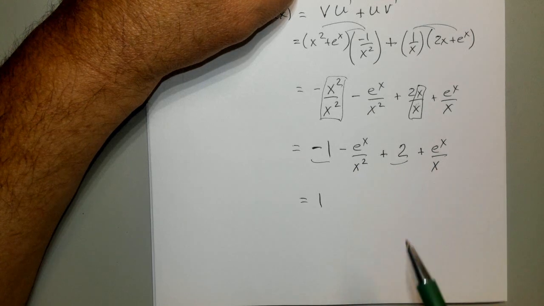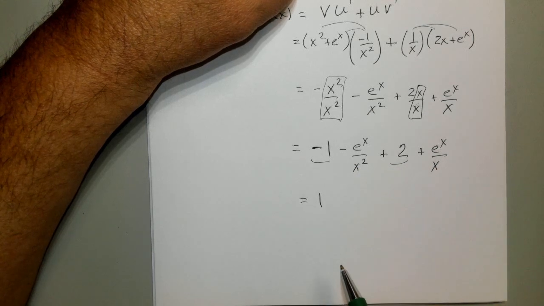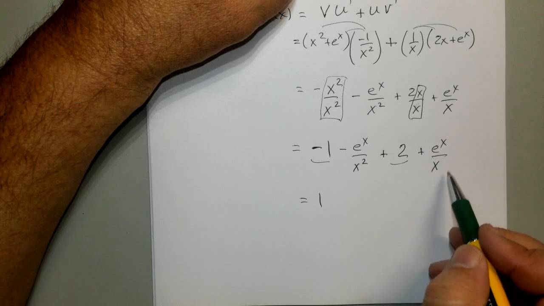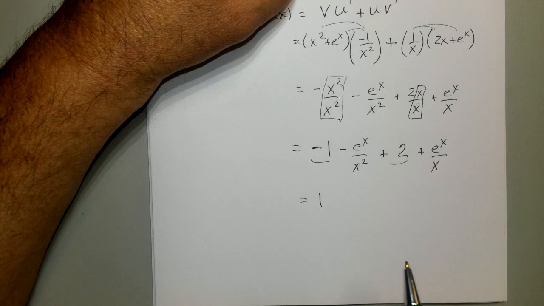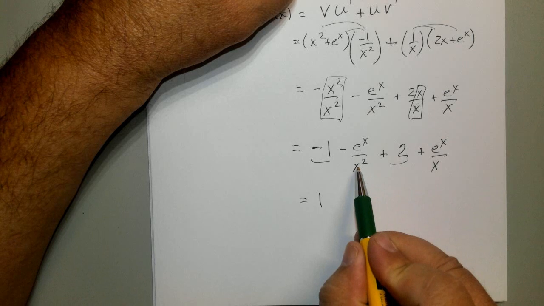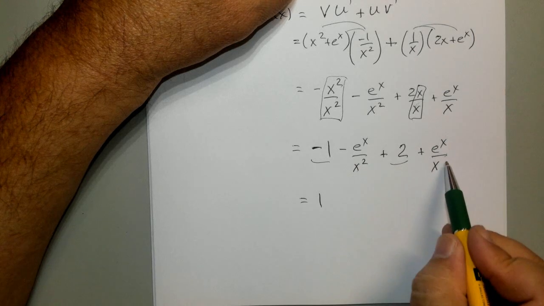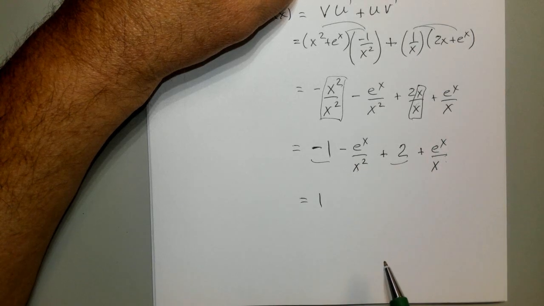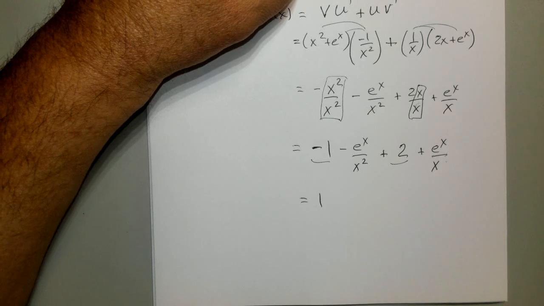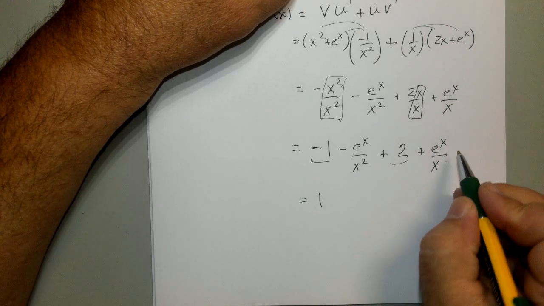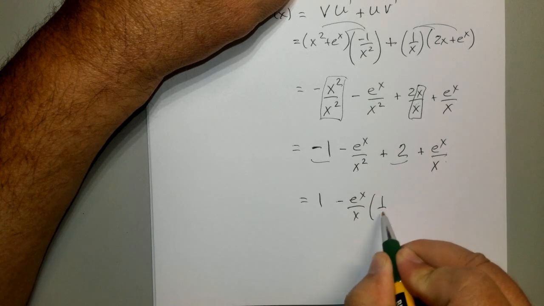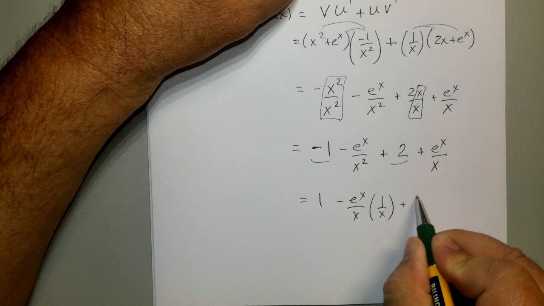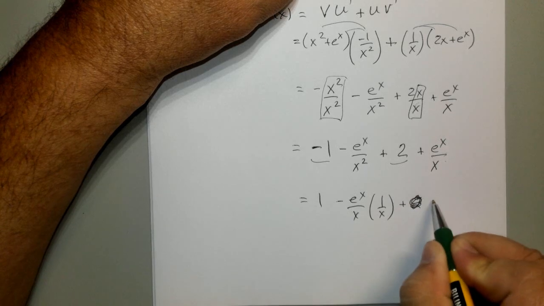Looking at these two, what do we have? If we make them common denominator, can we make them common denominator? Will that matter? Do we factor out an x out of this one, or do we multiply this one by x over x? Either one works for me. Okay, if we factor out an x, taken care of.